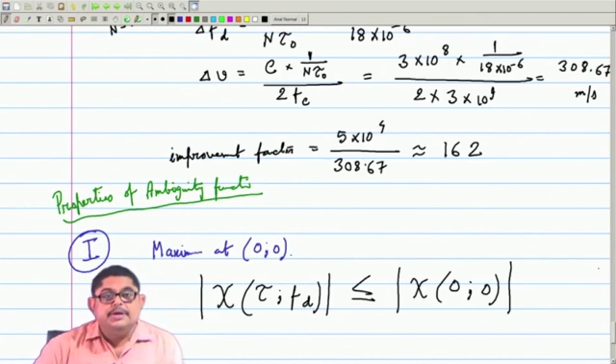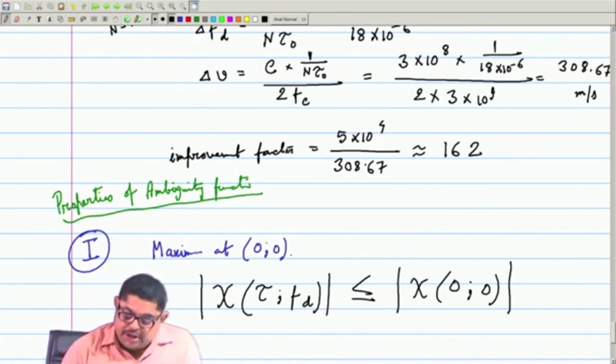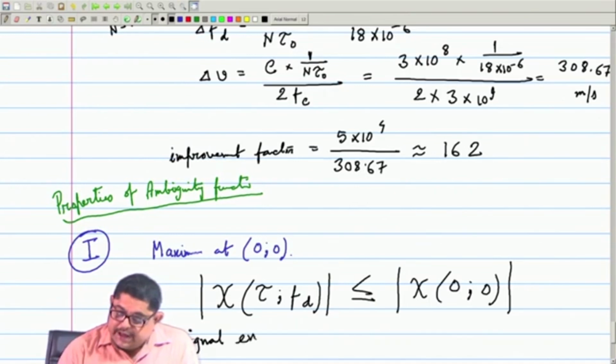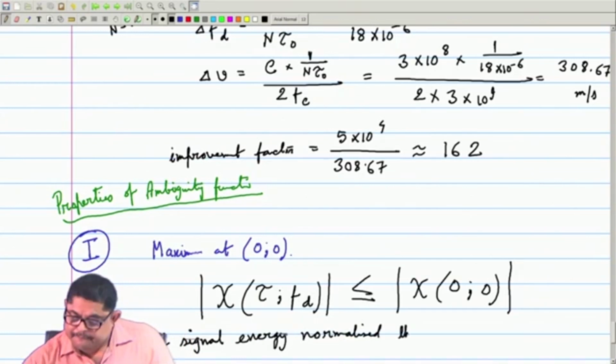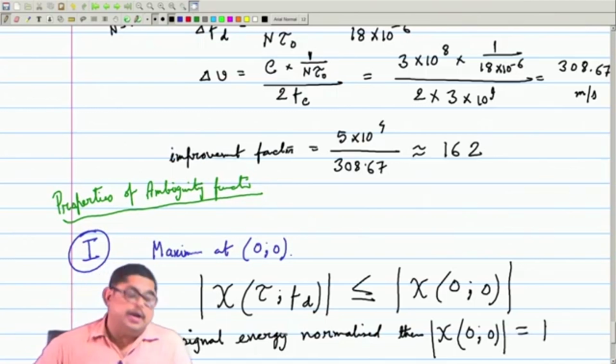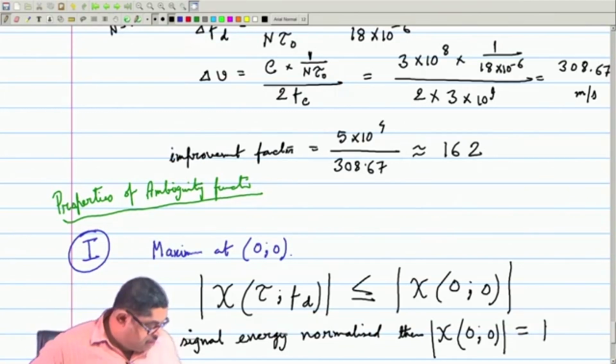And if the signal energy is normalized, then the ambiguity function peak value is 1, it cannot be more than 1.